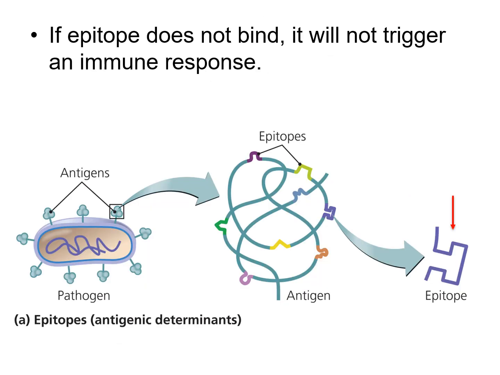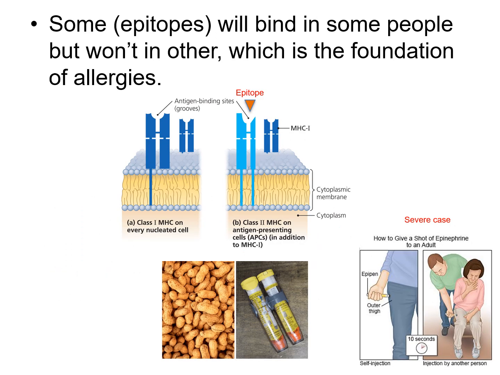If the epitope does not bind, it will not trigger an immune response. So again, the APC has the catcher's mitt with the ball and it's floating around. And if it does not bind to a T lymphocyte, then you will not get an immune response. So epitopes will bind in some people, but won't bind in others, which is the foundation for allergies.